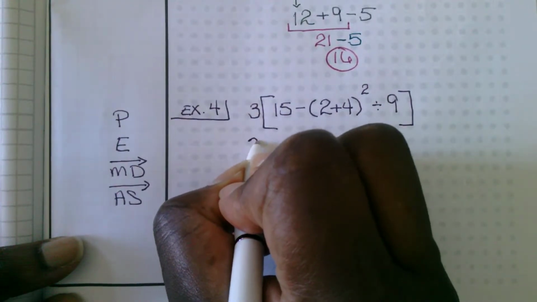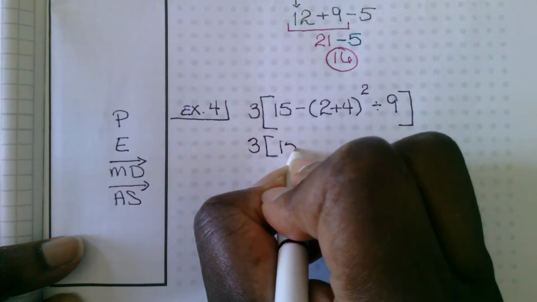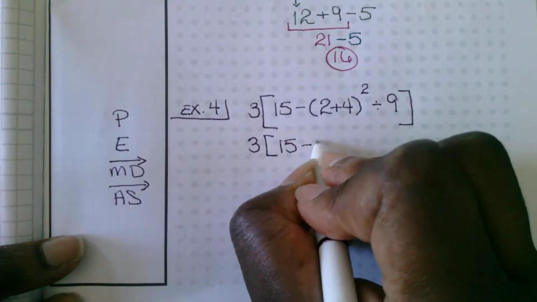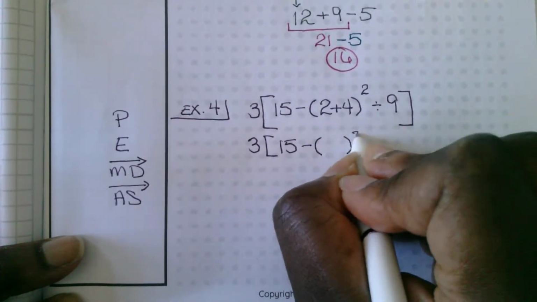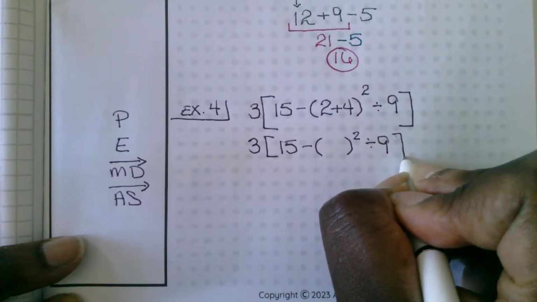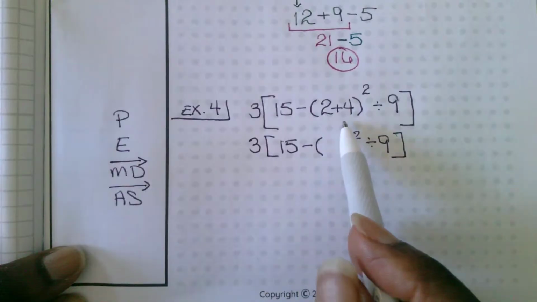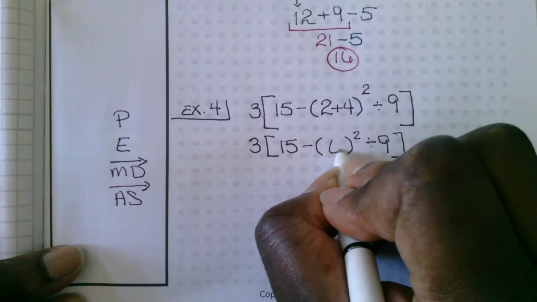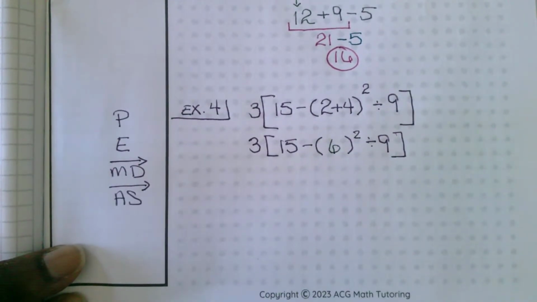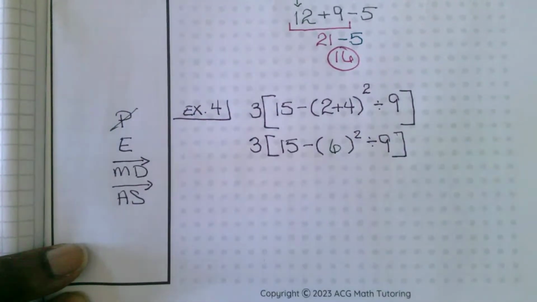So I'm going to rewrite just until we start feeling really comfortable with what's going on. So since we're going to do what's inside the parenthesis, 2 plus 4, that gives me 6. So that means we took care of our parenthesis. Boom, that's done.